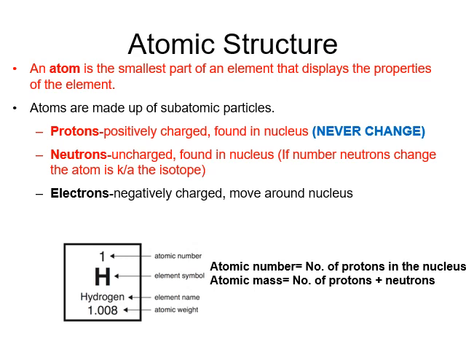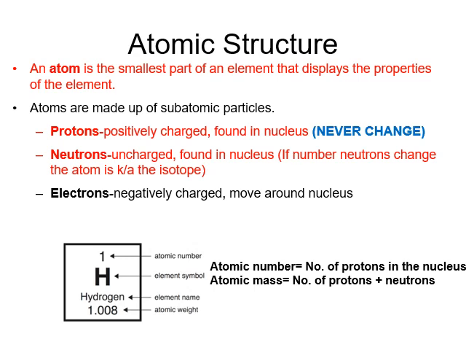Now the neutrons, they are uncharged, and when you change the number of neutrons, you change the property of the element slightly to form something called an isotope that we'll look at later, and electrons are negatively charged. So you may want to take a minute to look at what a periodic table is.